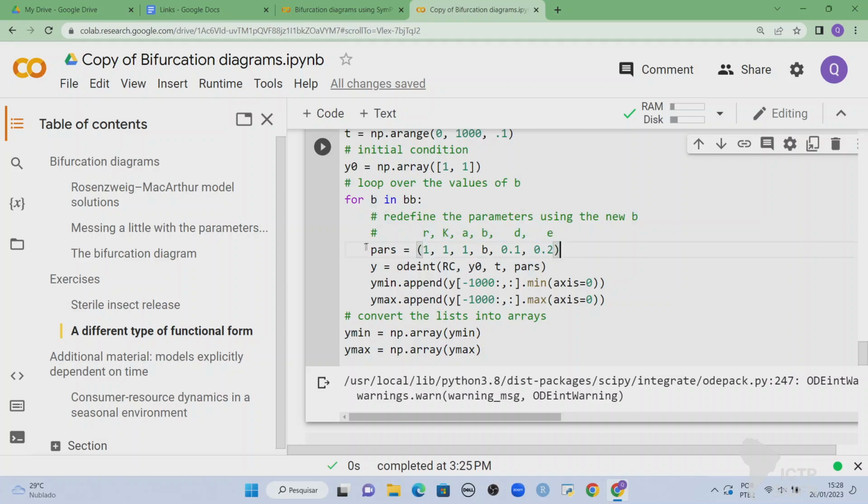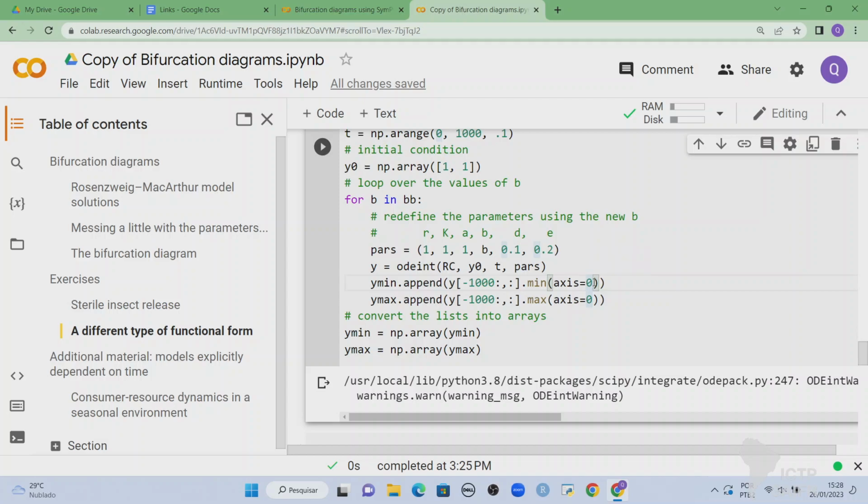And then I pass this new set of parameters to odeint, right? And y0, the initial condition, was defined up here. The times are also defined up here. And here I have this min with axis equal to 0 to look over the columns.